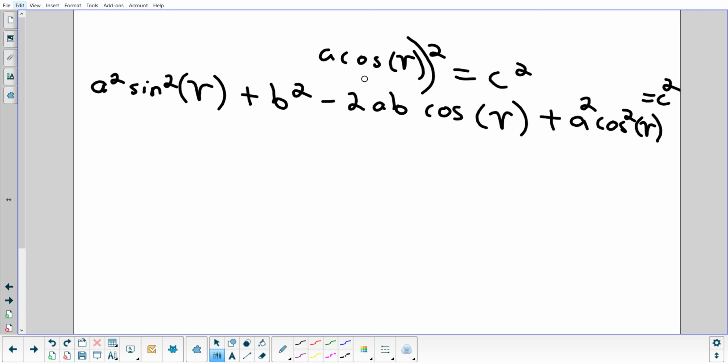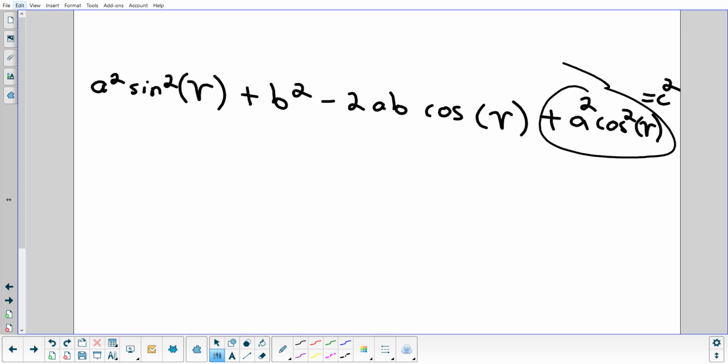Okay, I didn't need this part, that's fine. All right, let's rewrite that a little bit. I'm just going to take this term and move it up next to that one.